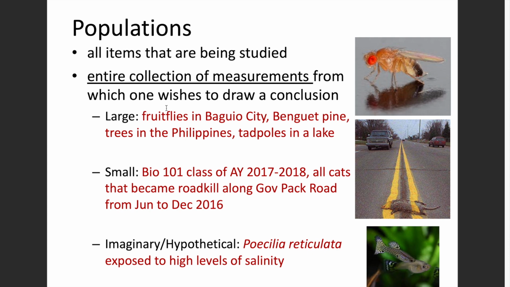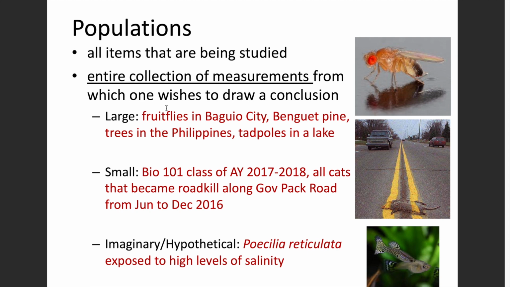And of course, there's also the imaginary or hypothetical population, like how many children you and your crush would have. It's entirely hypothetical, wishful thinking, right? Or like a man who is capable of sustaining a platonic relationship with an attractive female coworker. They are entirely hypothetical.